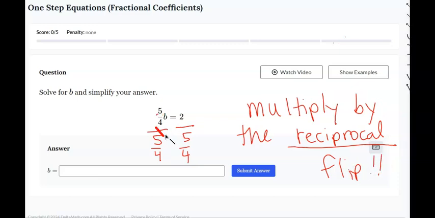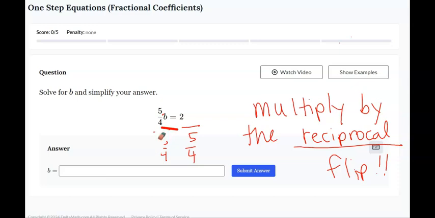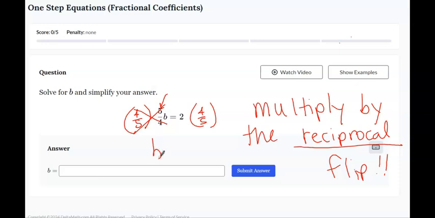So instead of dividing by 5/4, we are going to multiply by the reciprocal. So we're going to use parentheses to show multiply, then we're going to take this fraction and we're going to flip it over. And that means the b will be all by itself.